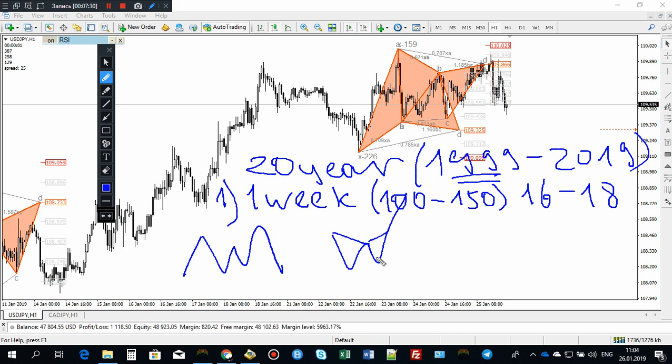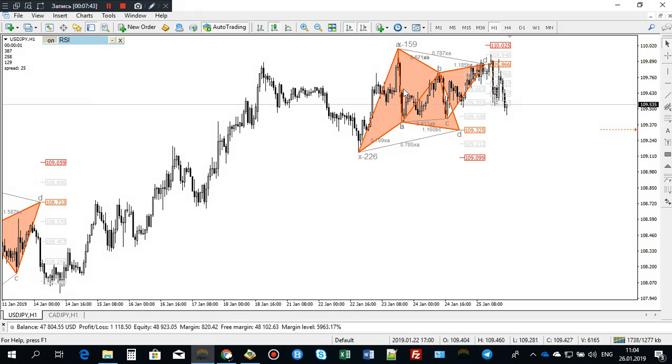Have you ever been provided with Excel spreadsheets and with the algorithms of swing identification and pattern recognition, when you can simply go to find the date of that pattern and tell us, yes, indeed, here we have a pattern? Have you ever been there?